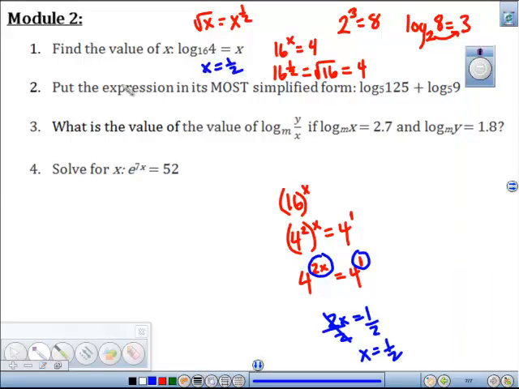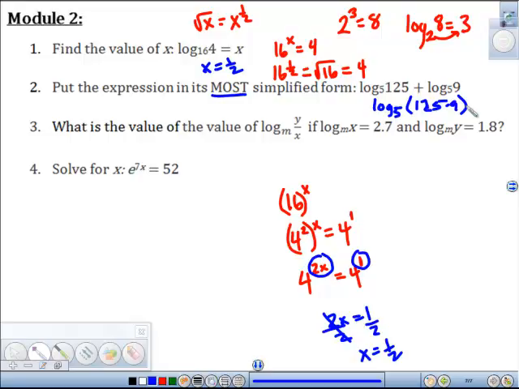Okay, next it says put the expression in its most simplified form. So here we have the log. I always like to check, make sure that the bases are the same, because sometimes they like to trick you like that. The bases are the same, so we can combine these, and the properties of logarithms tell us that we just have to multiply whenever it's addition. So this is the same thing as log with the base 5 of 125 times 9.